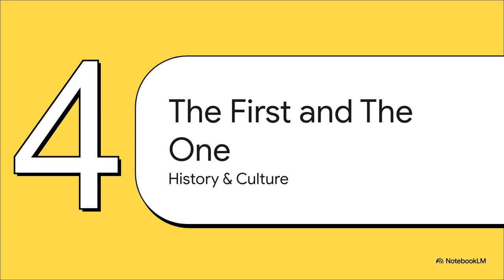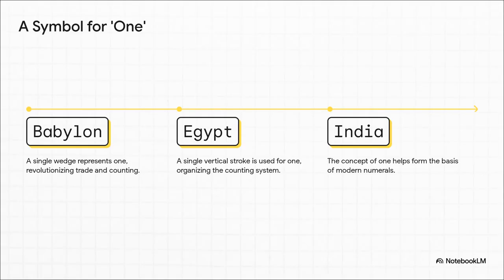So we've seen one in math, in tech, and in nature. But what about us? What about humans? Well, we've been captivated by the idea of one for thousands of years, embedding it deep into our history, our cultures, and even our most profound beliefs. You know what's incredible?